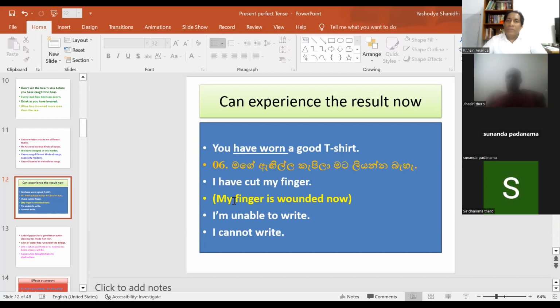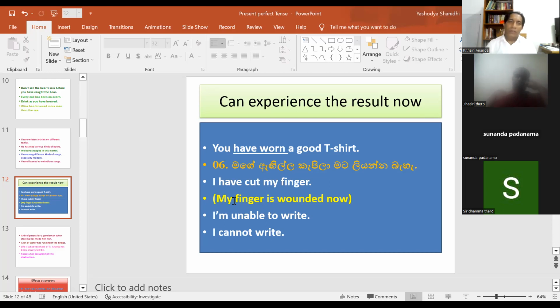It happens with you being the subject. Maybe mistakenly cutting your finger would happen with you being the subject, not the finger. I have cut my finger.